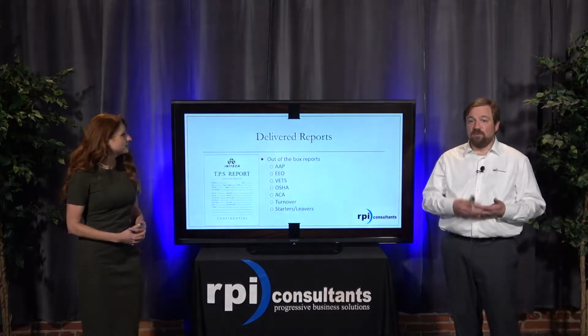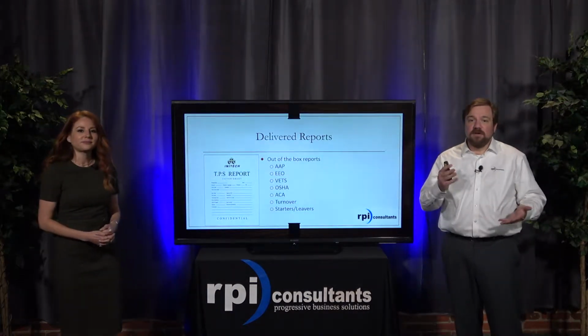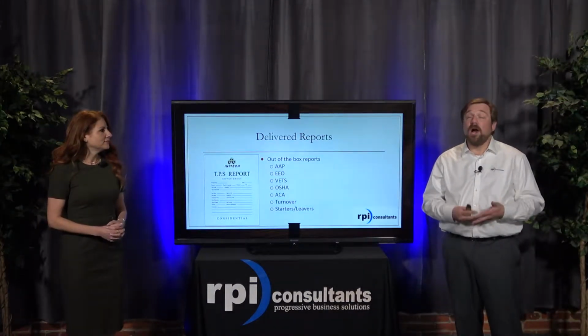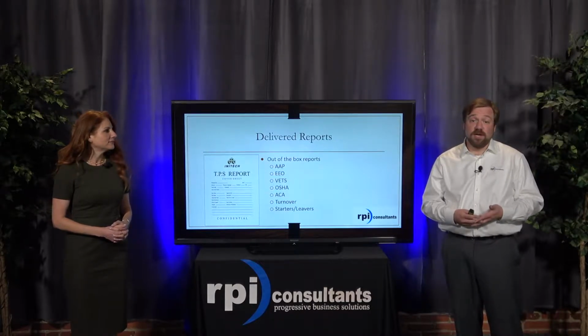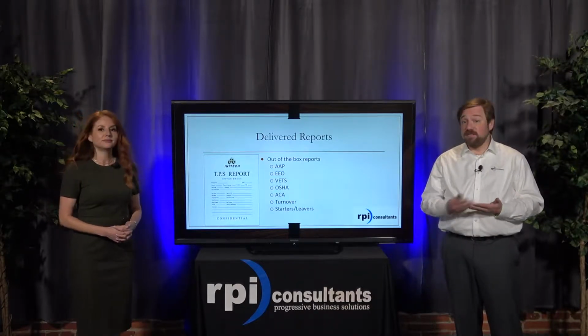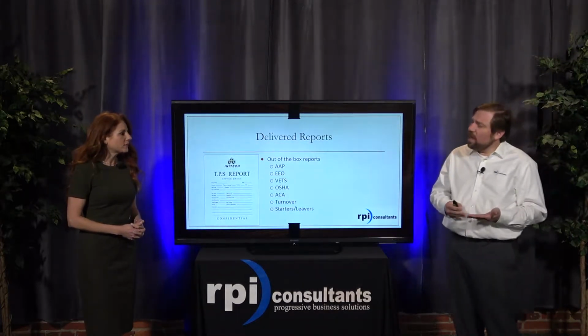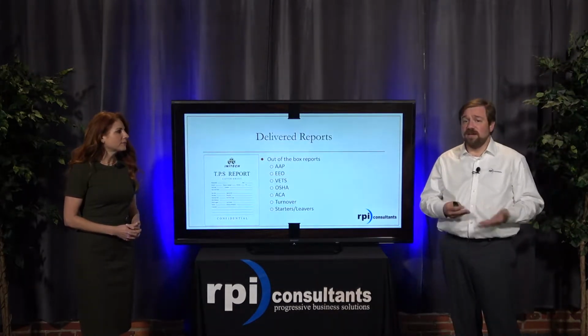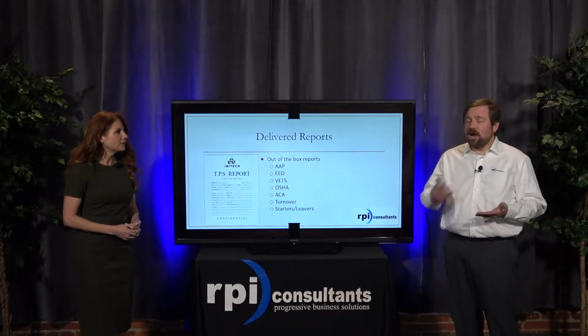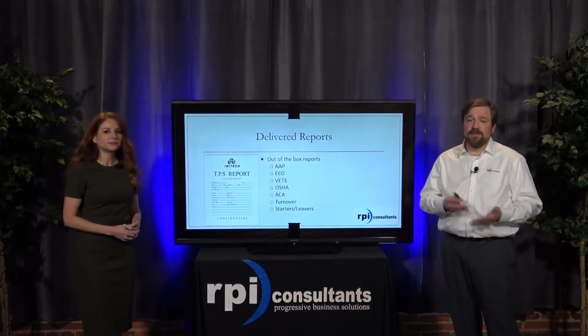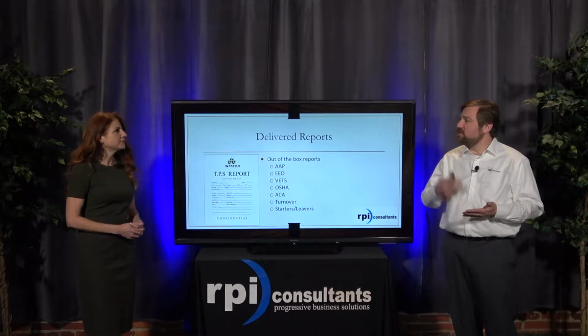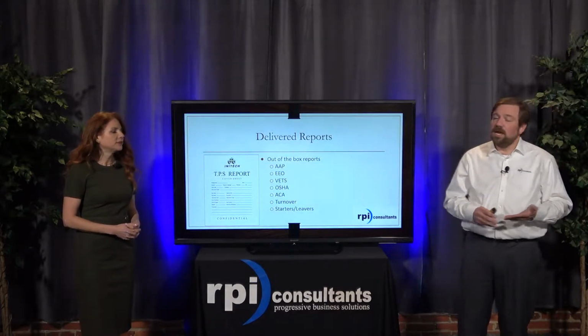So let's dig in and talk about a couple of things that come right out of the box. First things first, there are a lot of delivered reports in there. They have been designed by Infor. I don't want to say they're ready to go right away. There is some configuration that you have to set up, but they are provided for you, and there's relatively minimal setup. You don't have to build anything fully from scratch on this.